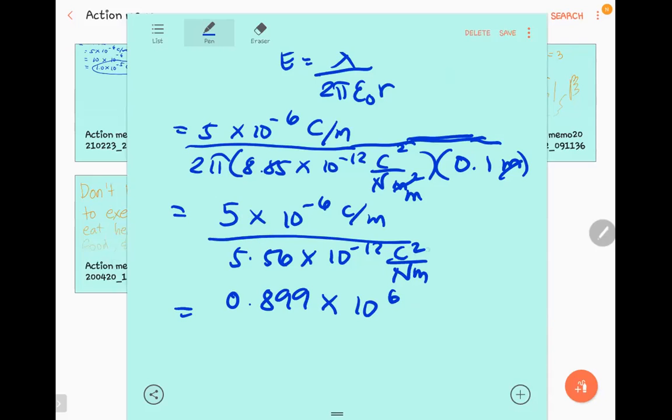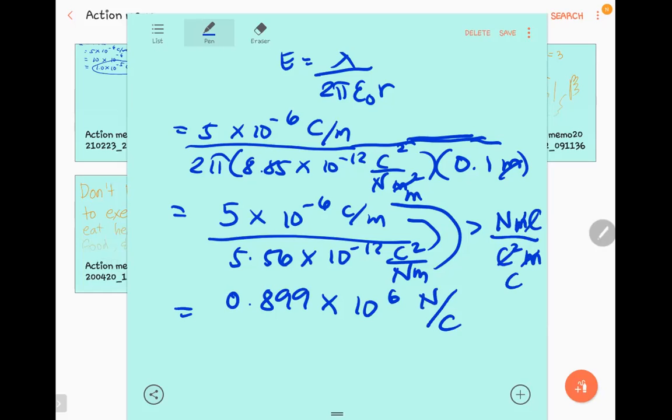And then multiply. It will become N m C over C squared m. So cancel the m, cancel the c, only one of them is left. So we have N over C. Correct, because the electric field is N over C only.